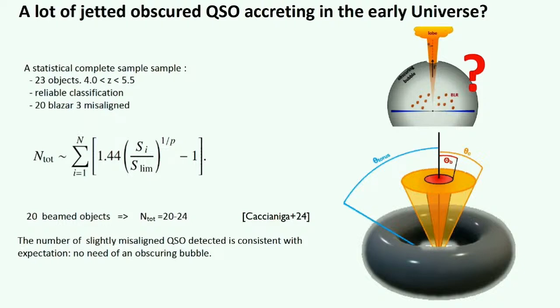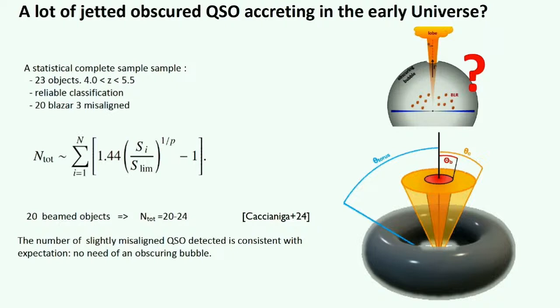We have 20 blazars and 3 misaligned, which means that we have a lot of blazars. But since the flux limit is very high, actually, this is exactly what we would expect from this formula. So we do not need to introduce the famous obscuring bubble here.